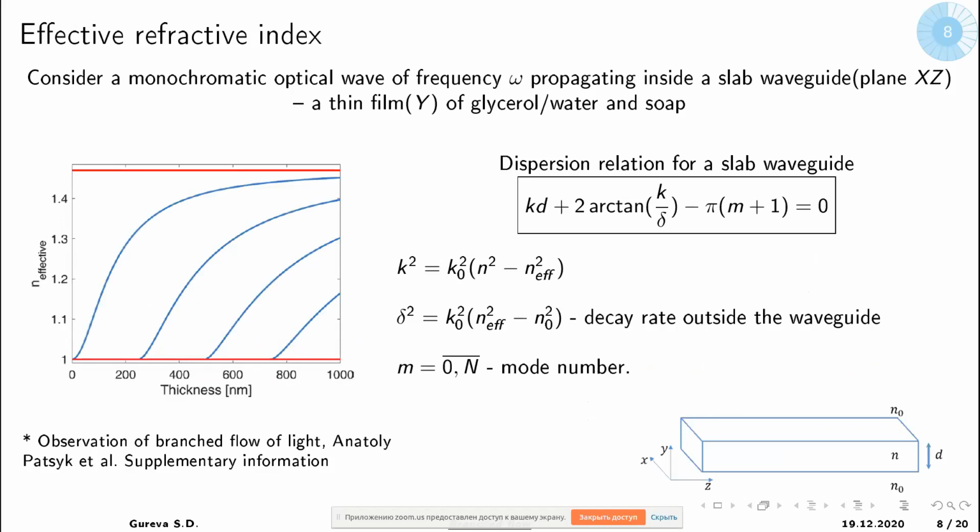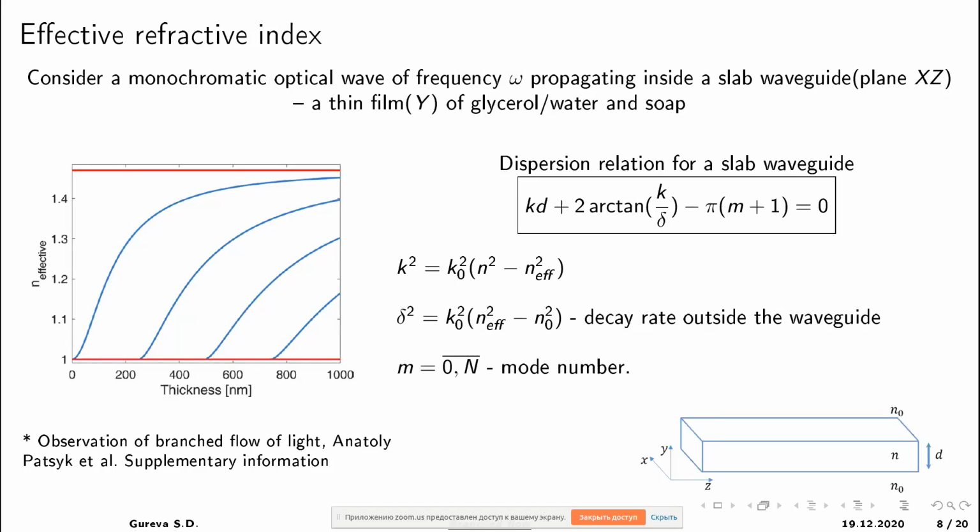In the case of electrons, we mentioned that the potential is created by dopant atoms and impurities. And what about the film? If we use the model of a slab waveguide, we can express the deceleration rate of the wave, or the effective refractive index.